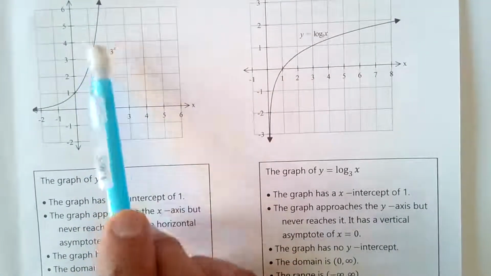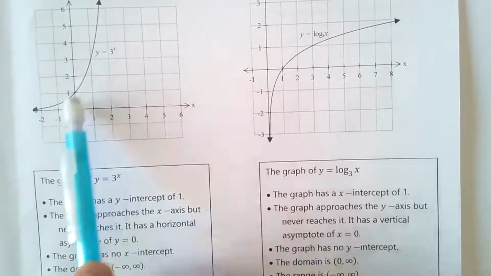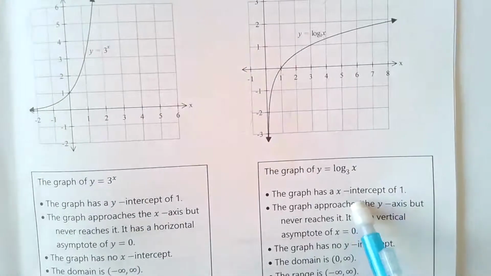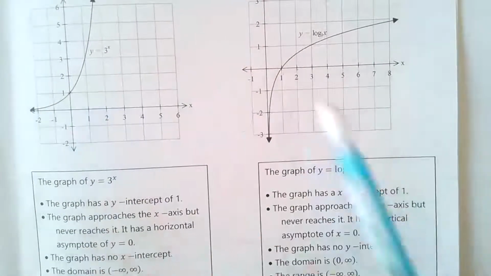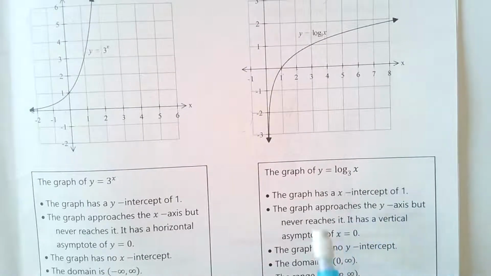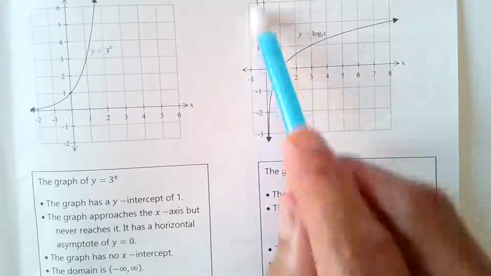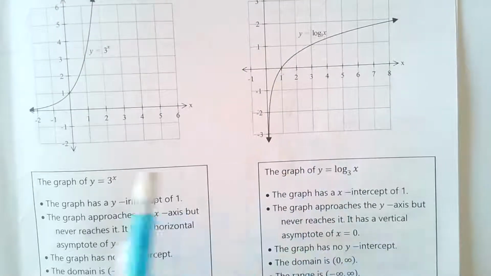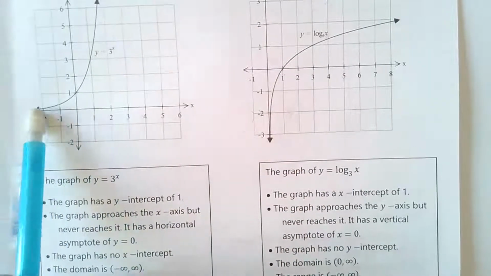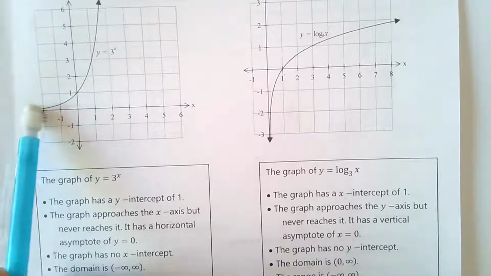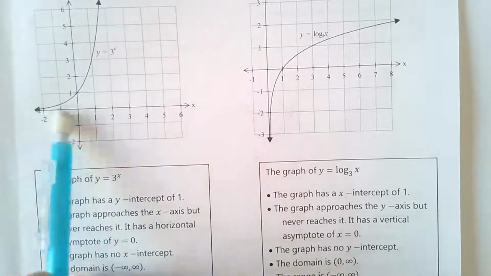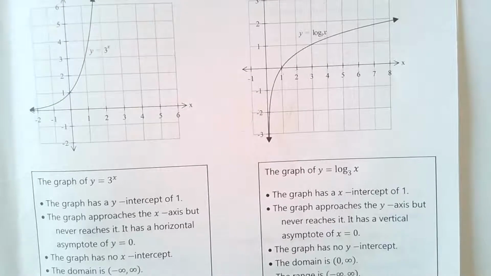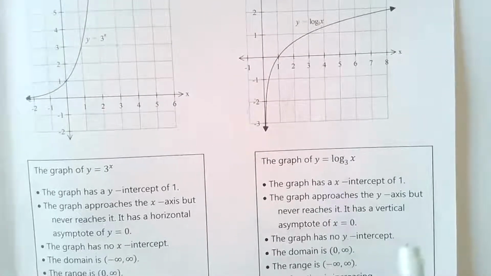But there is an x-intercept for log base 3 of x, the inverse of it. There's no y-intercept. There's an asymptote here in the log function, while the asymptote for the exponential function is y equals 0, because the graph never touches the x-axis.